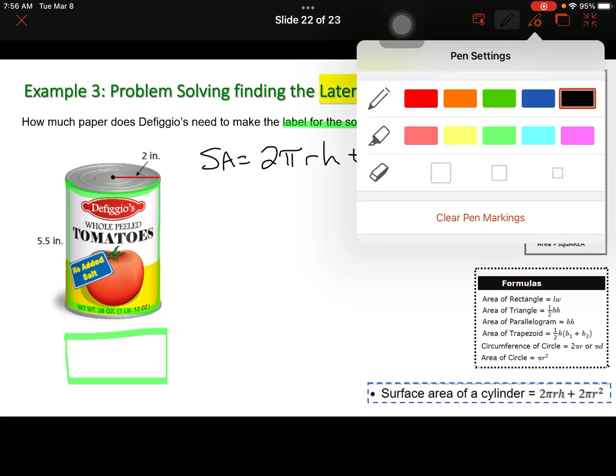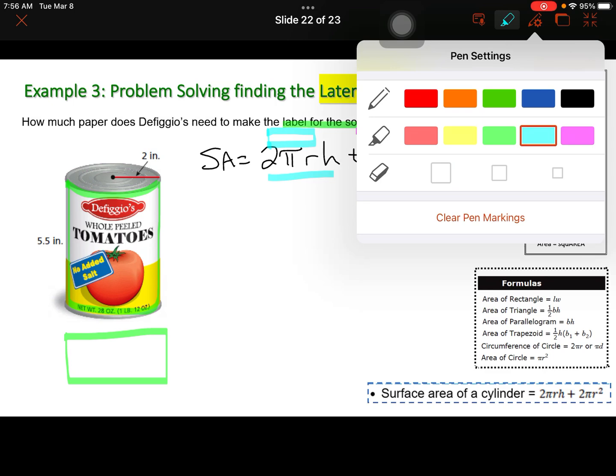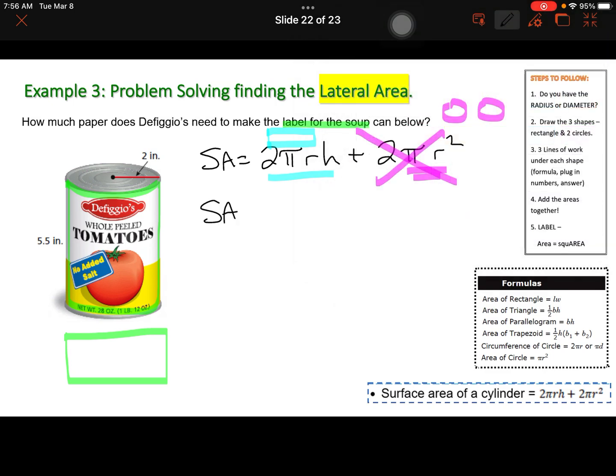Now, if you understand what this formula is saying, once again, pi r squared is one circle, so 2 pi r squared are the two circles. Well, in this case, we don't want any of the circles. We only want the lateral face, which would be this part, the rectangle. So we only need this part of the formula. So what we're going to do is use the information that we have. We're going to bring down our 2. We're going to bring down 3.14. And we're going to find that 2 happens to be our r.